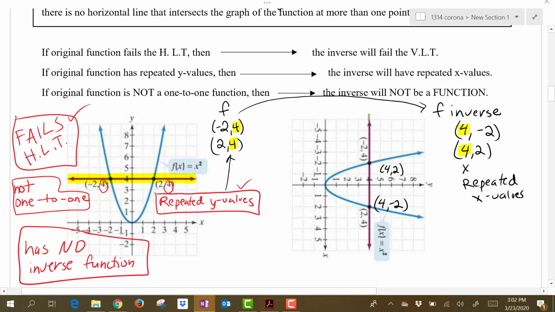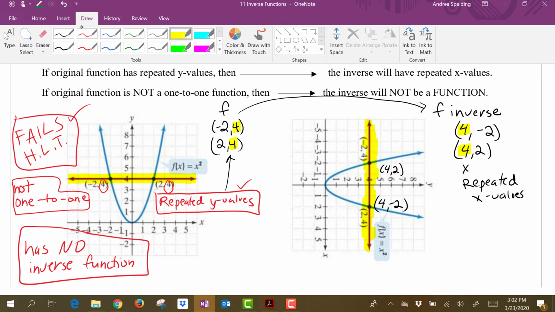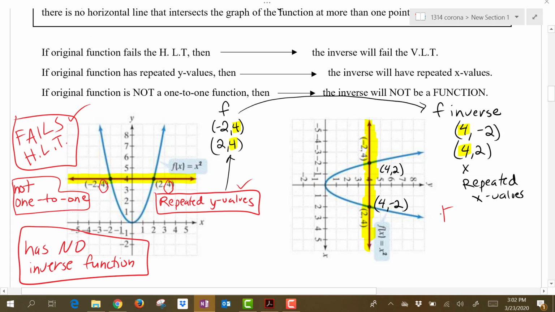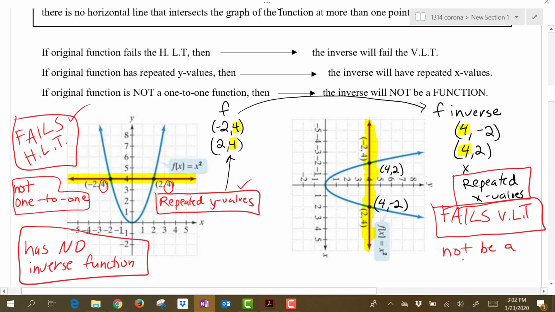So if you were to graph the inverse and look at all those ordered pairs, the graph of f inverse would fail the vertical line test. So if you were to reverse all of the ordered pairs for the original function f to create f inverse, you would have repeated x's for f inverse. F inverse would fail the vertical line test, and then it would not be a function.